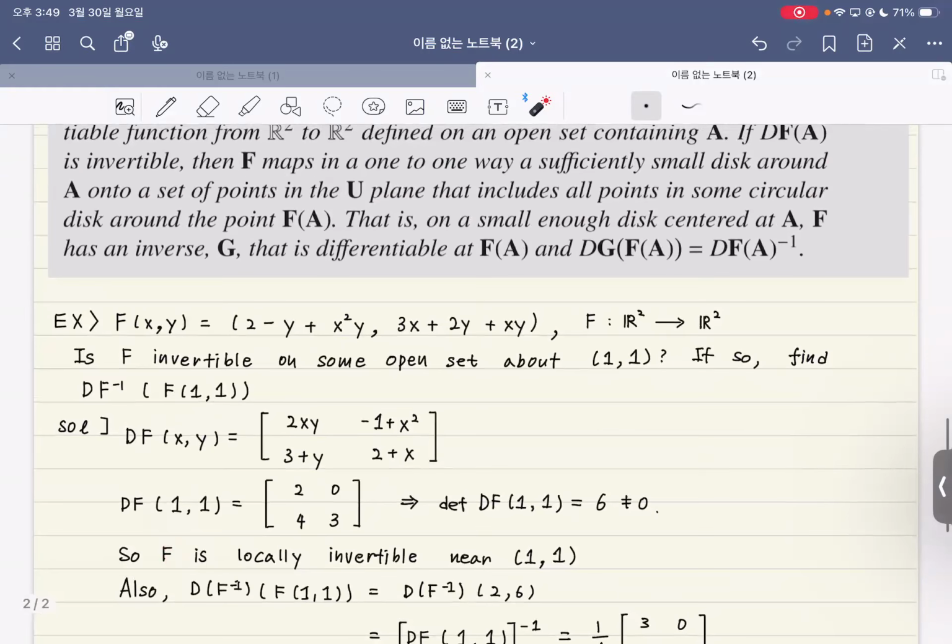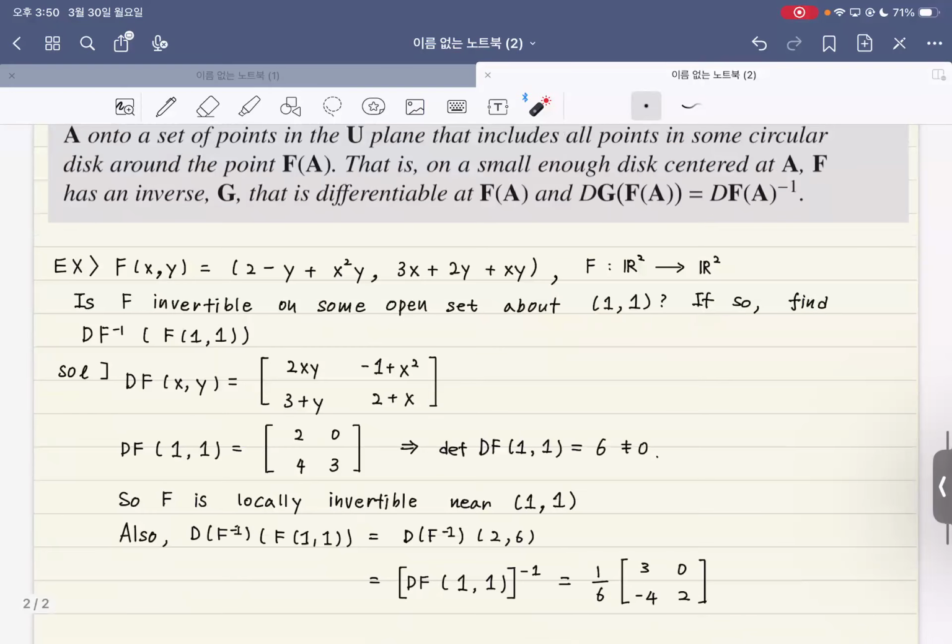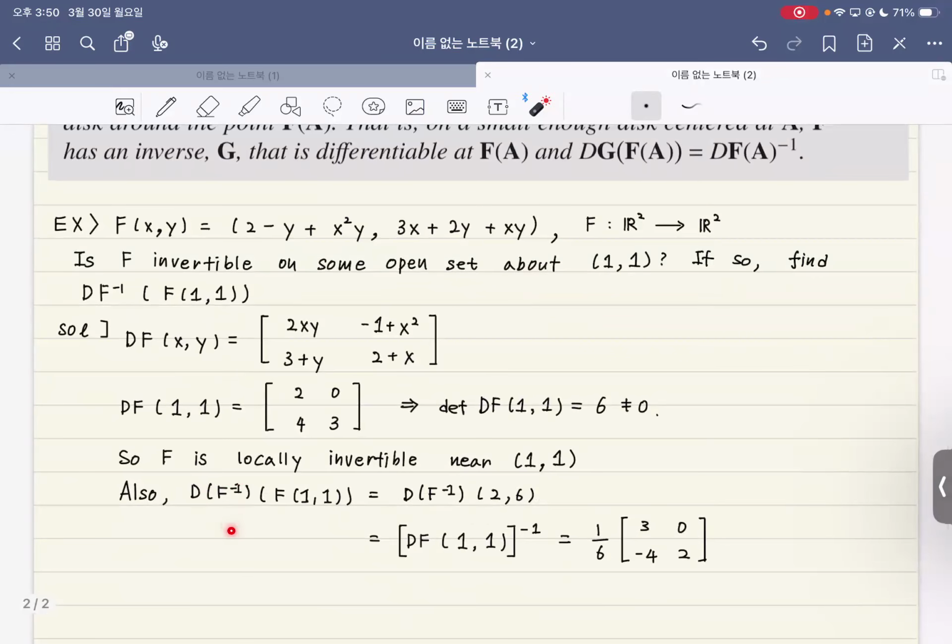So in this case, you must be able to find some open neighborhood around this point, and on that open neighborhood, your function is an invertible function. Therefore, f allows its own inverse, and what is the matrix derivative of this inverse function?